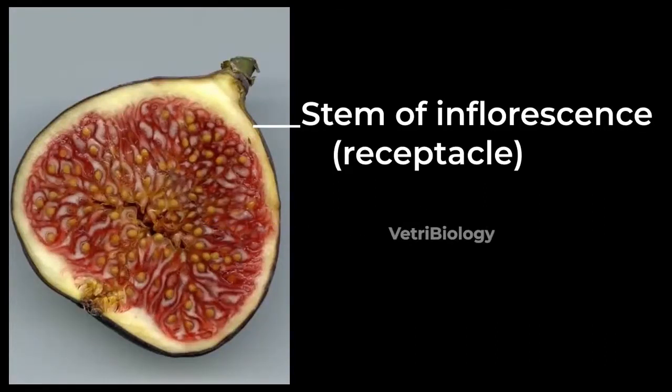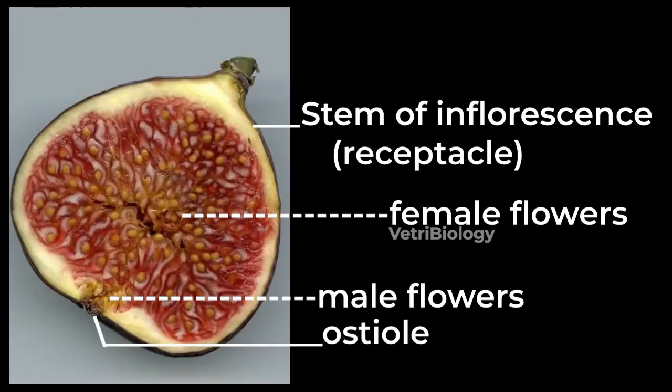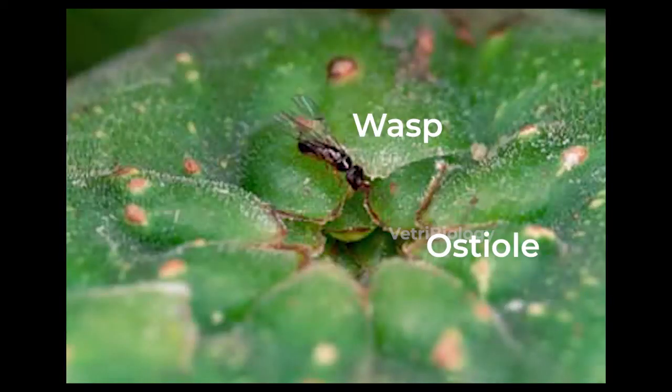They are pollinated by very small wasps. The male flowers are located near the ostiole and the female flowers are seen inside. When the female flowers are ready for pollination, the fig emits an aroma which attracts the female wasps. These wasps get inside through the small opening of the fig called ostiole.